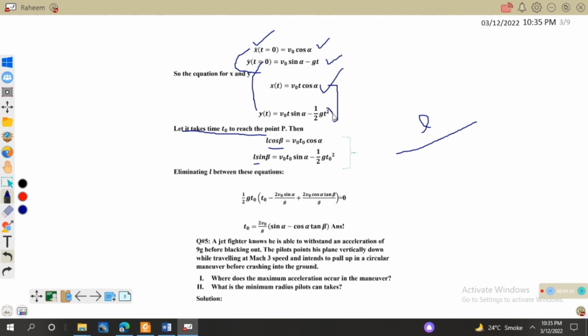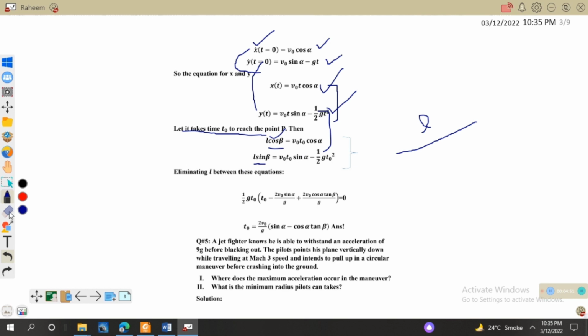So L cos beta is equal to v naught t cos alpha, which is the horizontal component, and L sin beta, the vertical component of the inclination, we will equate to y of t.